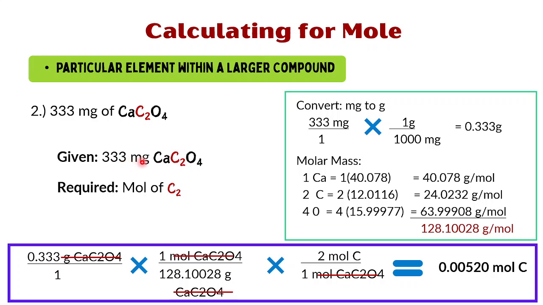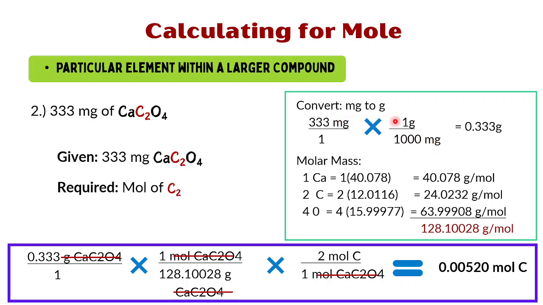Since it is in milligrams, we need to convert it into grams. We can convert this value by multiplying by the conversion unit. So we have here 333 milligrams times 1 gram over 1,000 milligrams.